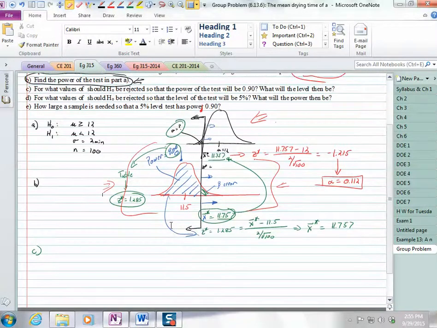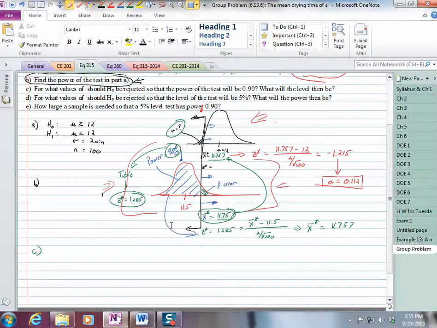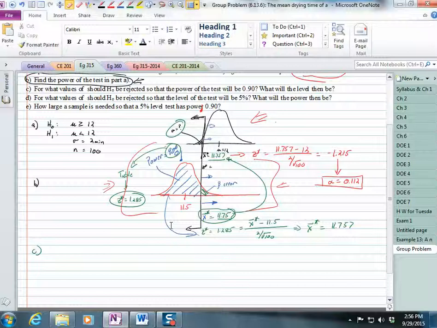So again, in part C, we found alpha was 11.2. Now it's saying go back and redo this so this alpha is 5%. So initially we got 11.2. So now it's saying move this bar over here, find x bar star so that alpha is 5%.